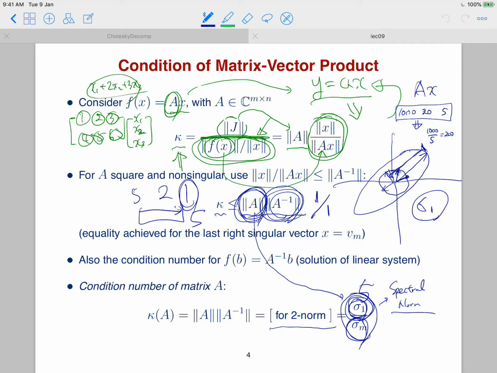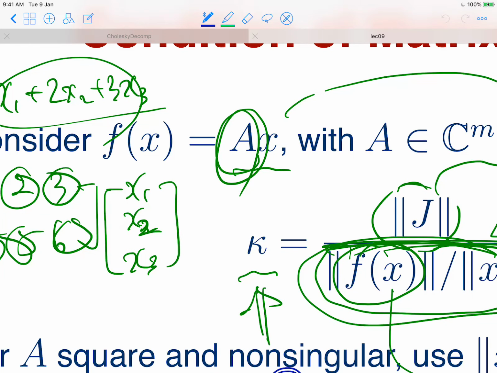So, yeah, we were discussing the condition number. The condition number of a matrix, when considering matrix times vector as our function.